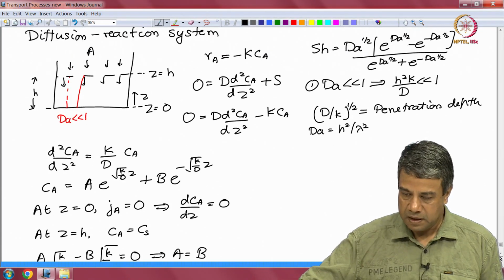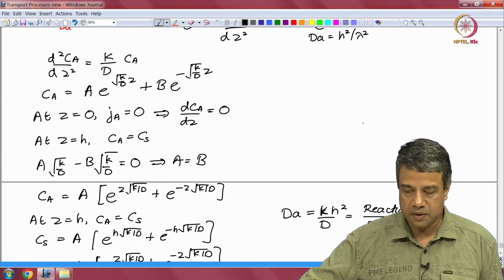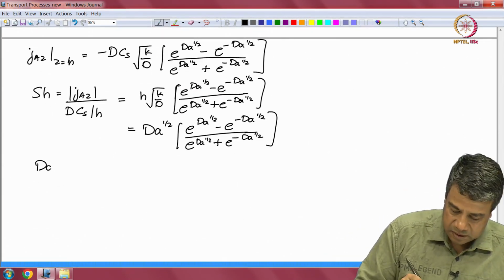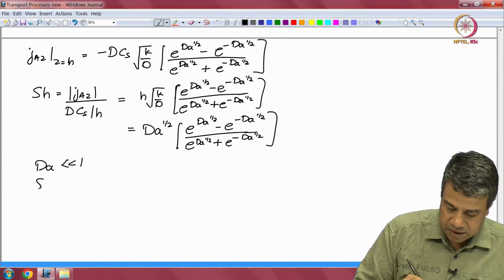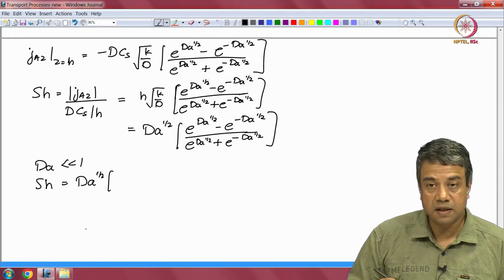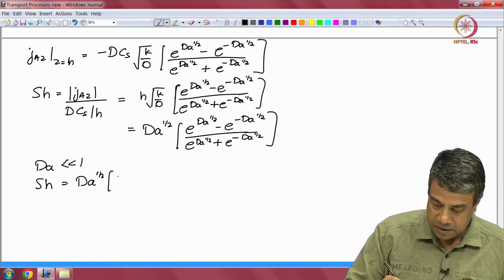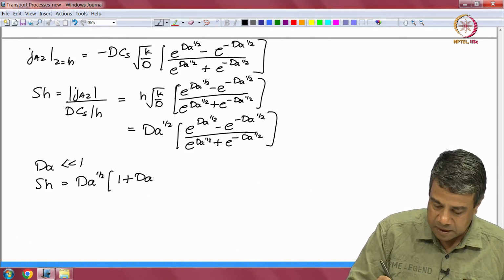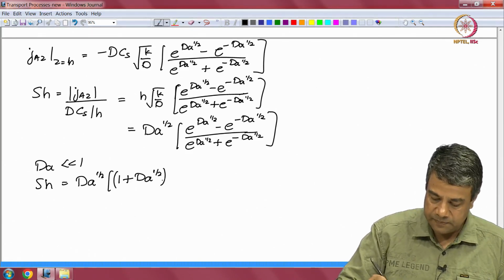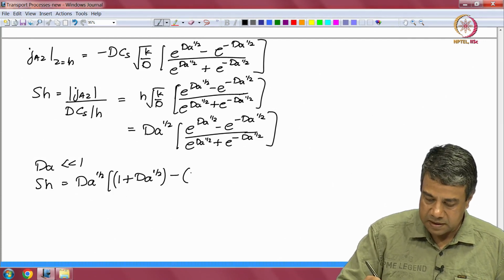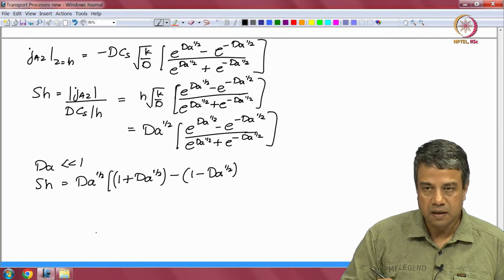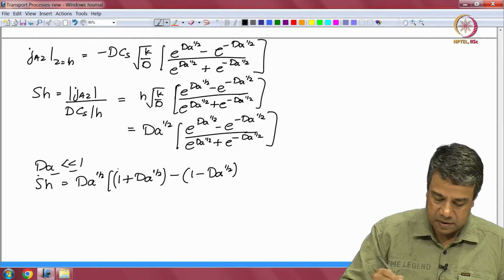And for the Sherwood number correlation in this limit of small Damkohler number, I can expand in a series in Damkohler number. 1 plus Da power half is the expansion of the exponential, and the expansion of the second exponential is 1 minus Da power half, in the limit Da very much smaller than 1.